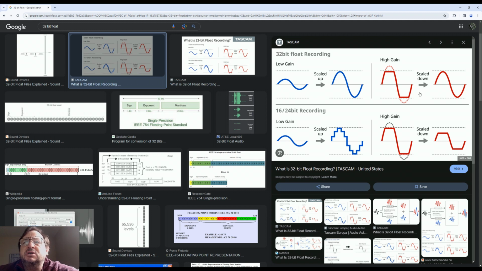Digital would be like a square signal. This is analog. But with 32-bit, it has to do something with that, what they call them, with that wave kind of form. So, suppose, okay, this is 24-bit.